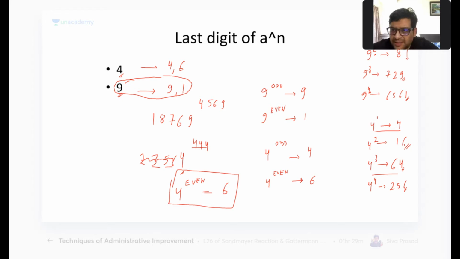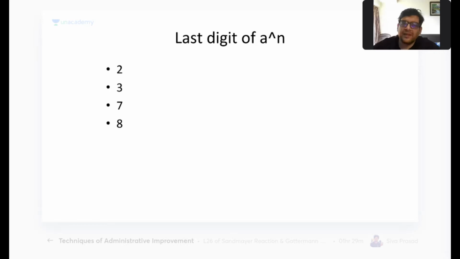Moving ahead with this. Last digit of a to the power n when you have numbers or the bases which are ending in 2, 3, 7, or 8. So let's look at them one by one. 2 to the power 1 ends in 2. 2 square is actually 4, so it ends in 4. 2 cube is 8. 2 to the power 4 is 16, or it is 6.